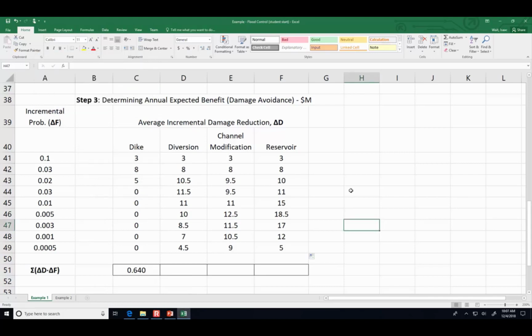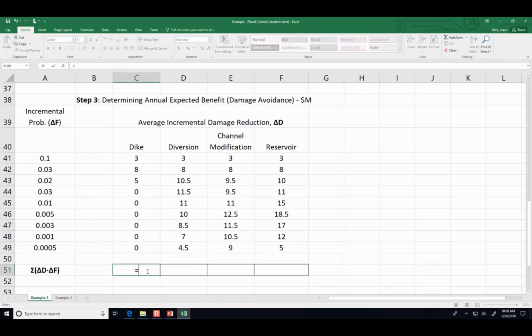Okay, calculating this is tedious, because what you have to do is multiply the 3 times the 0.1 and add it to 8 times 0.3 plus 5 times 0.02, 0 times 0.03, and so on. So you have to first multiply them all together and then add it all up.